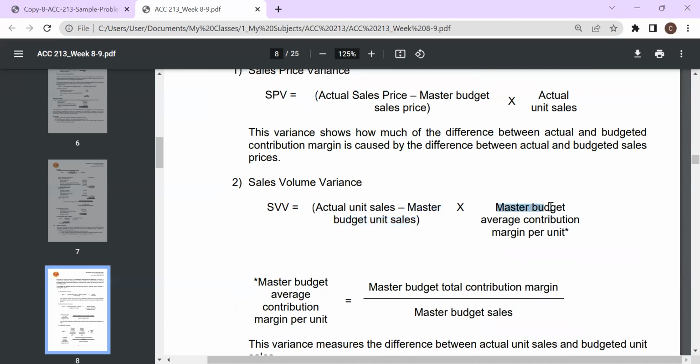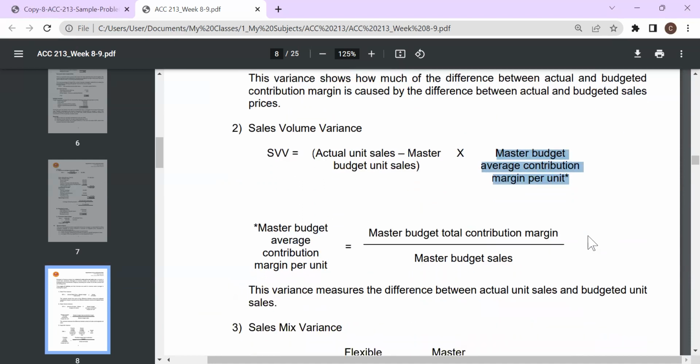Then we multiply it by the master budget average contribution margin per unit. So paano ba natin i-compute yung master budget average contribution margin per unit? This is how you are going to compute your master budget average contribution margin per unit. You have your total contribution margin per master budget, divided by your master budget sales.